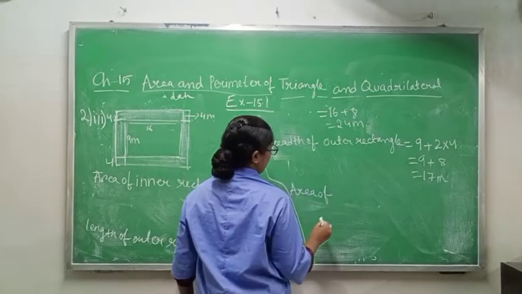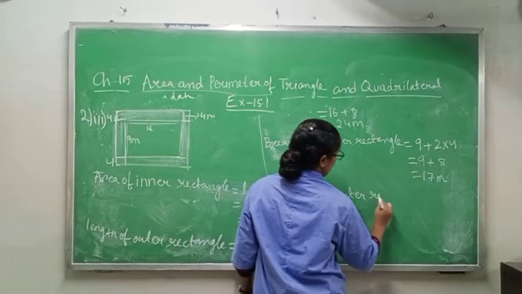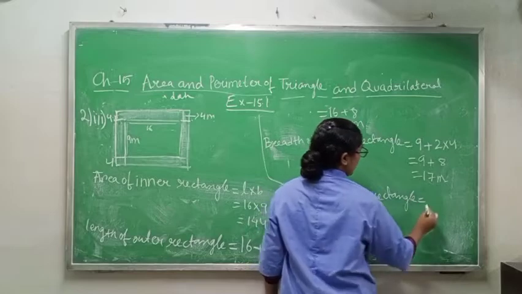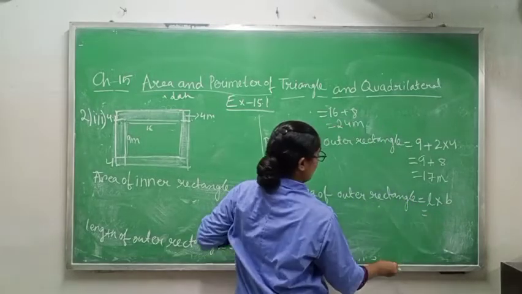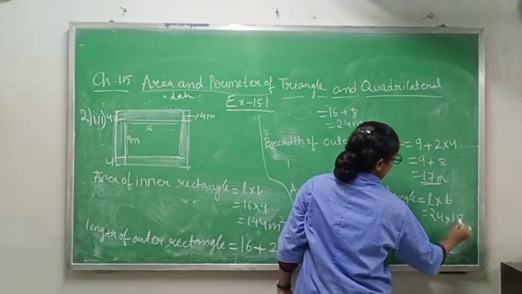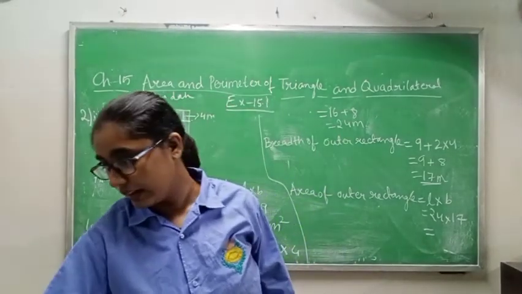Okay. Now you have to find the area. Area of outer rectangle equals to, what is the formula? L into B. Outer length is 24 and outer breadth is 17. So multiply this and tell me how much you are getting.